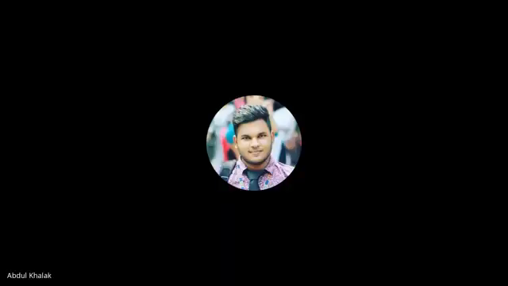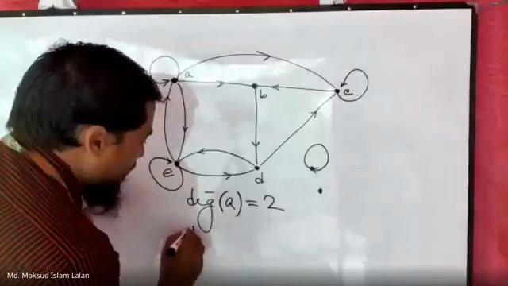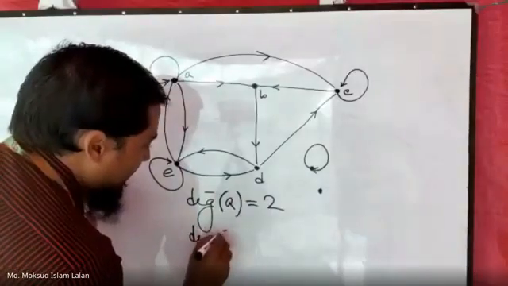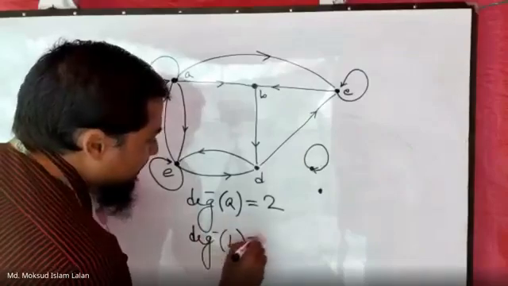Two. How do you know two? Loop and one more. This is in, and the loop is in, right? So two. Very good. So the in degree of B, what about B?